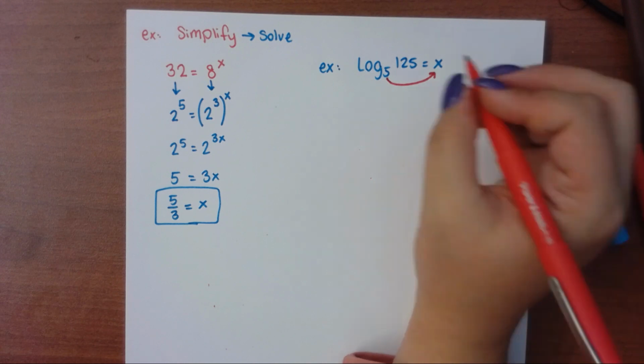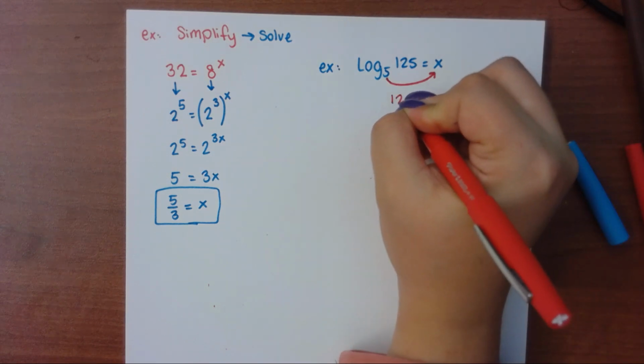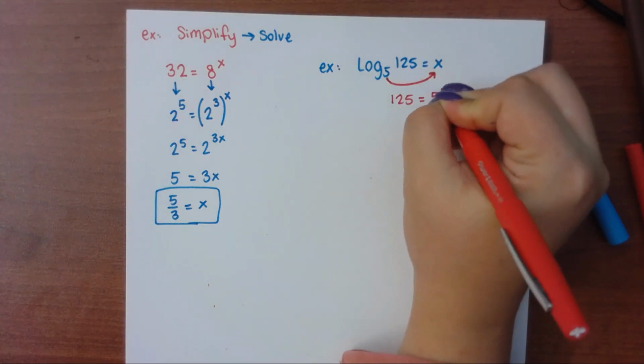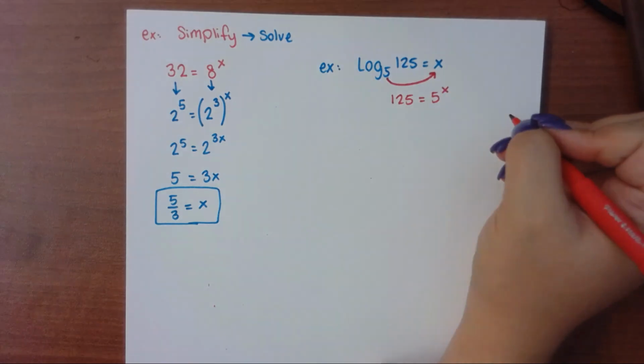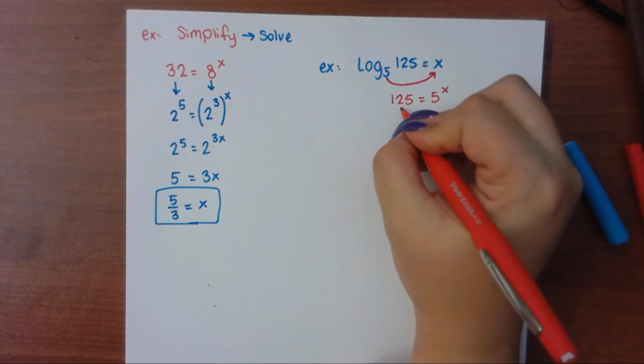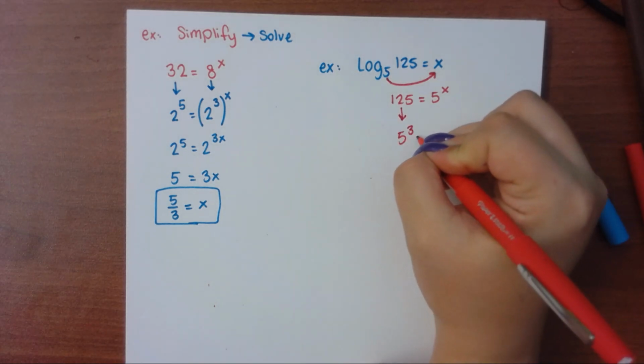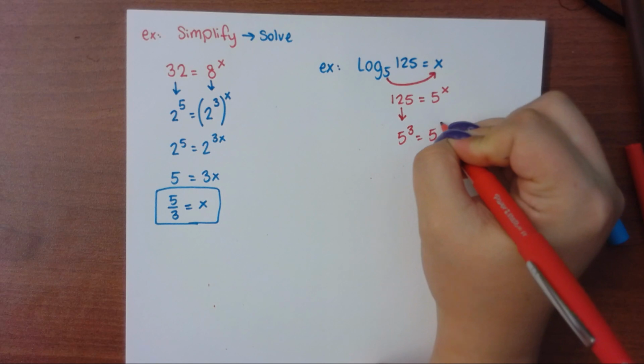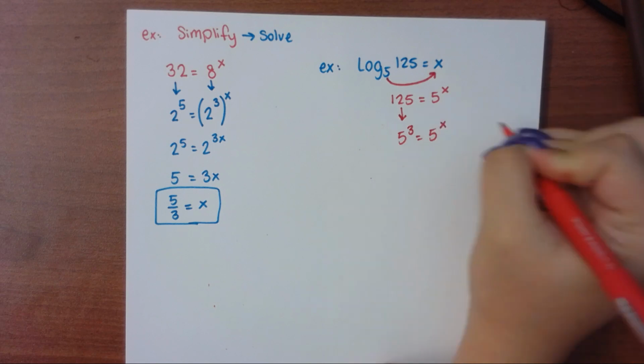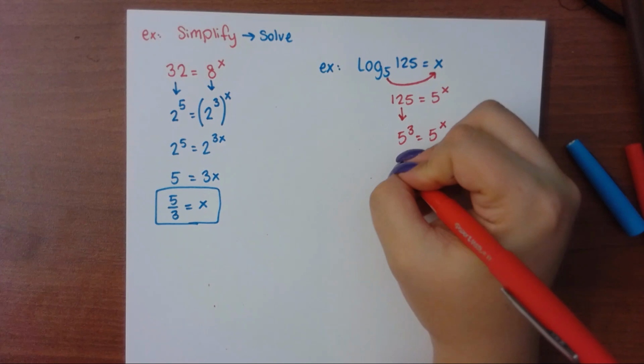So this is going to be 125, drop the logarithm, 5 to the x power. Now I'm going to rewrite my bases, and this is 5 to the third power is equal to 5 to the x power. Drop your bases, and I have 3 is equal to x.